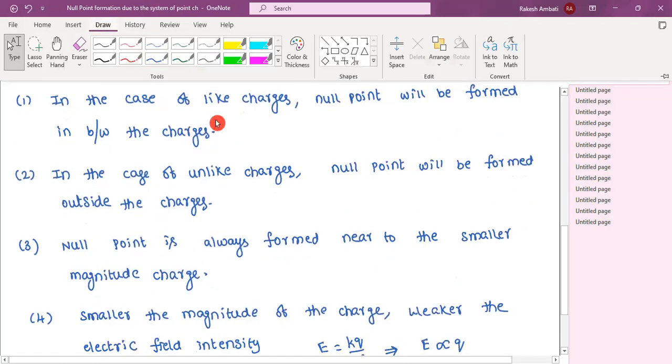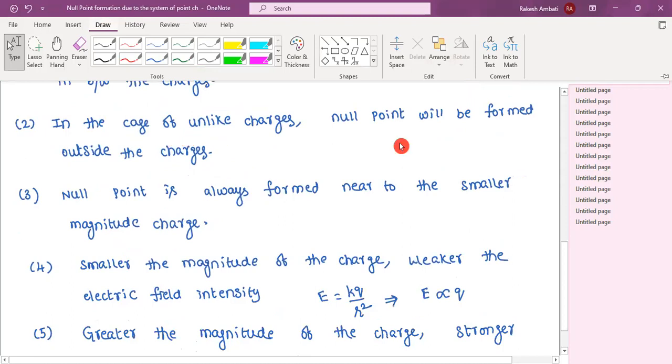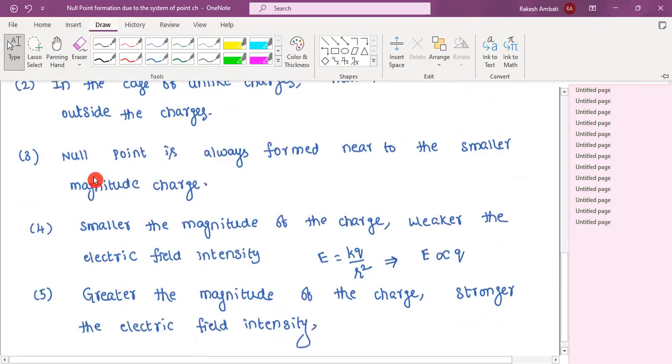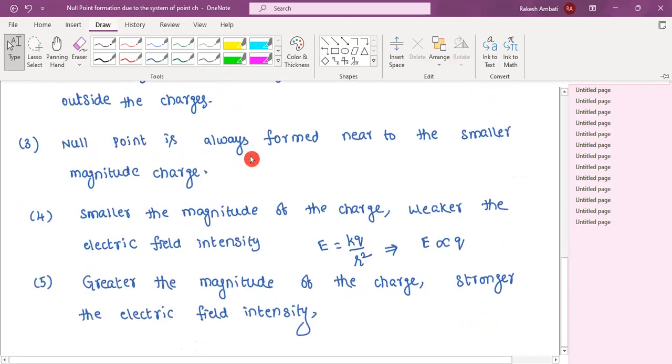The first point is, in the case of like charges, null point will be formed in between the charges. Second point, in the case of unlike charges, null point will be formed outside the charges. The third point is, null point is always formed near to the smaller magnitude charge.